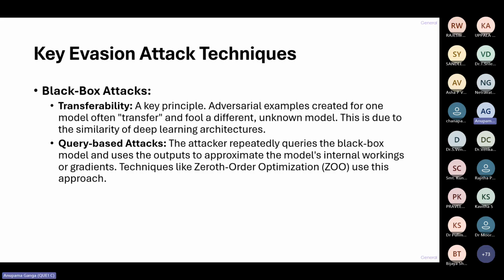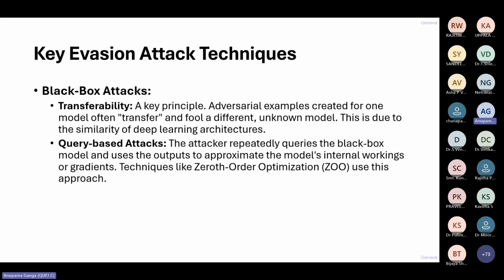Next, moving on, we have transferability. Basically, adversarial examples which we have created for one model can be used to fool another, different model also.